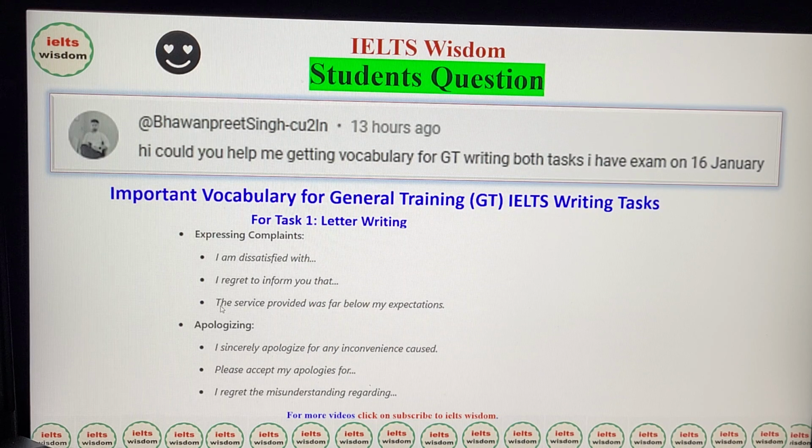And the third way you can say that, the services provided was far below my expectation, because sometimes when you are looking to stay in a hotel, you always go with the star rating, right?